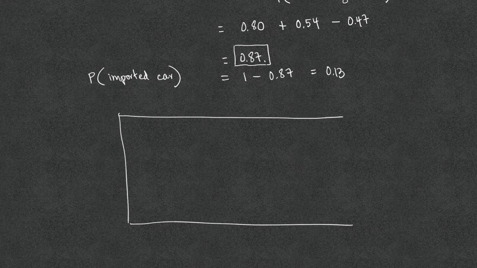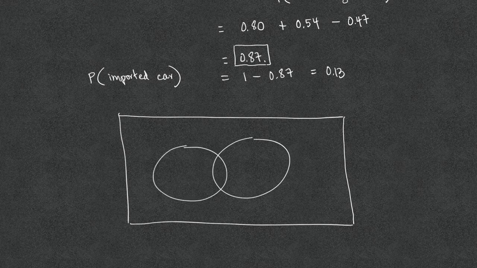To use the Venn diagram to solve the probability of an OR problem, we draw the events inside the rectangle. And in general, we draw the circles so that they intersect each other, because we don't know whether they are going to be disjoint or not.